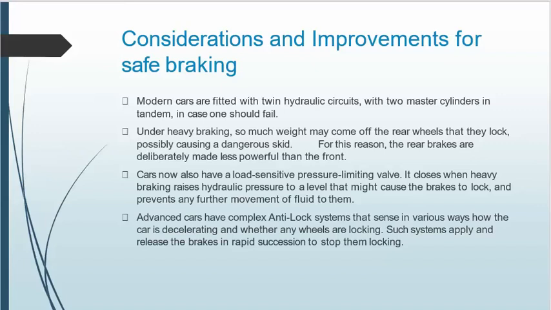Let's discuss the first one. Modern cars are fitted with a twin hydraulic circuit with two master cylinders in tandem, in case one fails. For example, in heavy trucks, two master cylinders are installed, so that if one master cylinder fails to perform, the second master cylinder will work simultaneously, by which we are able to press the brake and the braking system will come into action.